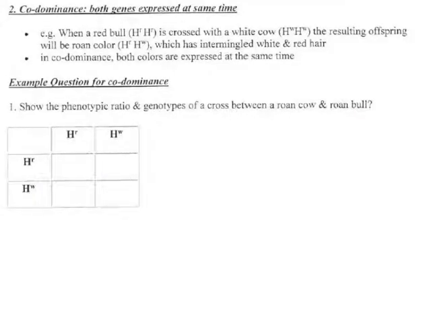In the example they're giving, they have an allele HR, which would be for hair red. That's your red allele. And there's another allele that is HW, which would be for hair white. If you are HRHR, that means you're a purebred red.